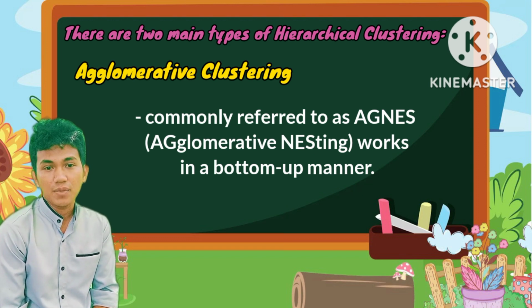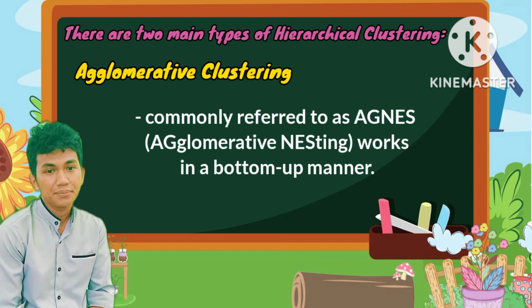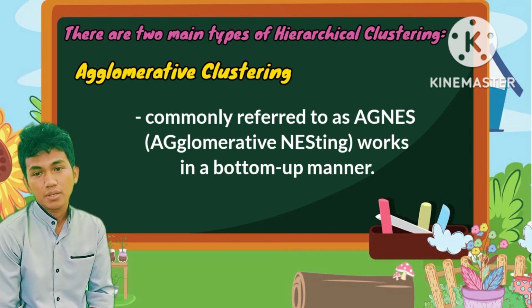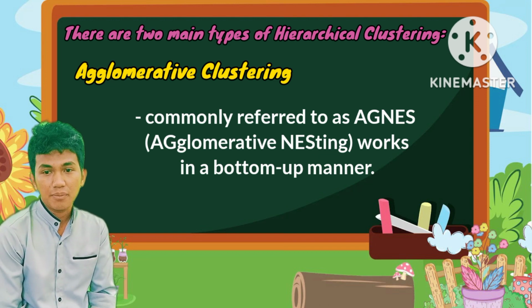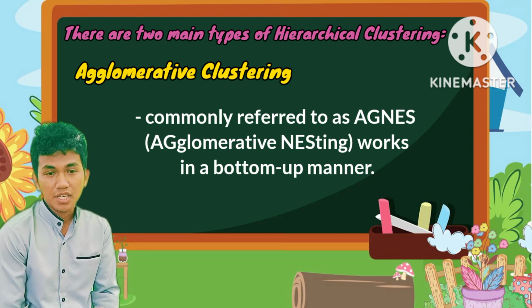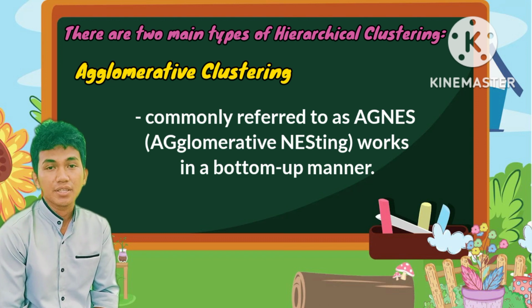At each step of the algorithm, the two clusters that are the most similar are combined into a new bigger cluster. This procedure is iterated until all points are members of just one single big cluster. The result is a tree which can be displayed using a dendrogram.